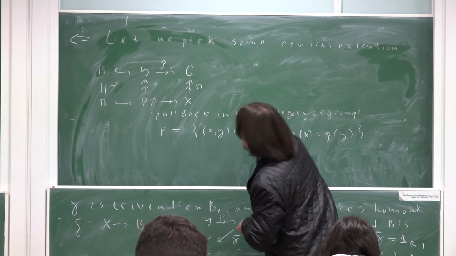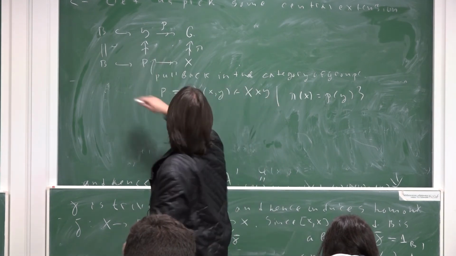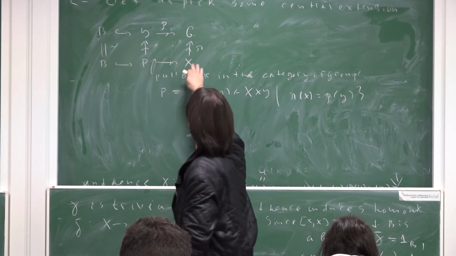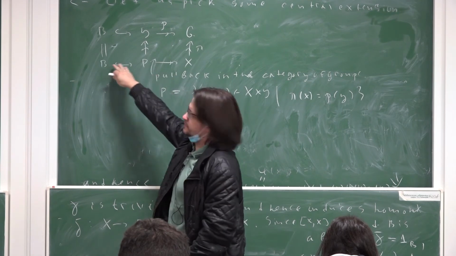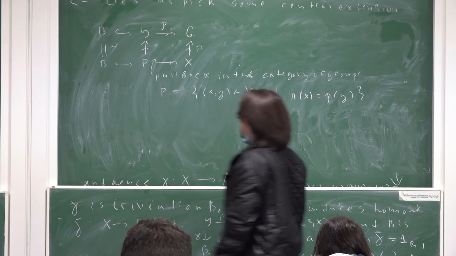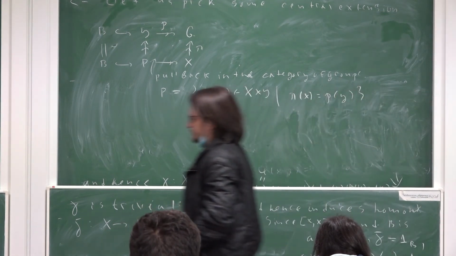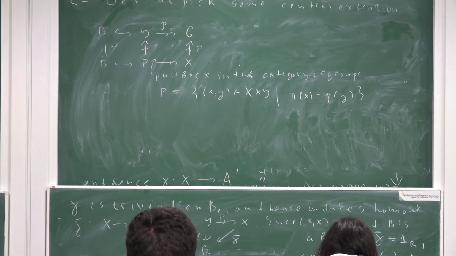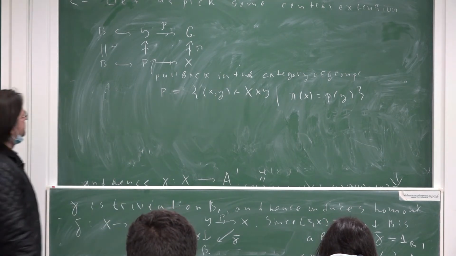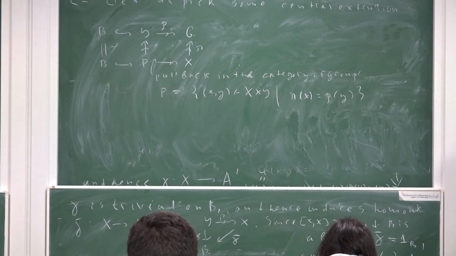Then this map is simply projection of the second component, this map is a projection of the first component, and this map is this inclusion and then inclusion to the second component. And everything is well defined. You know this. And so you get here an extension of X by B, and it is again a central extension, yes.